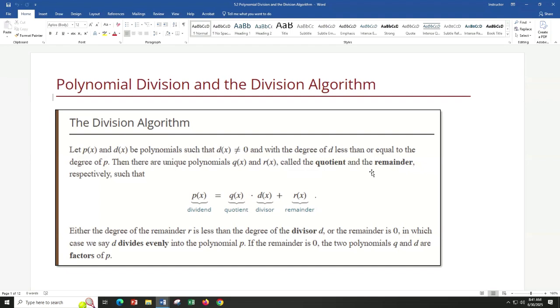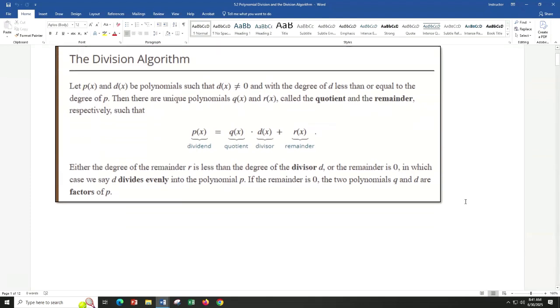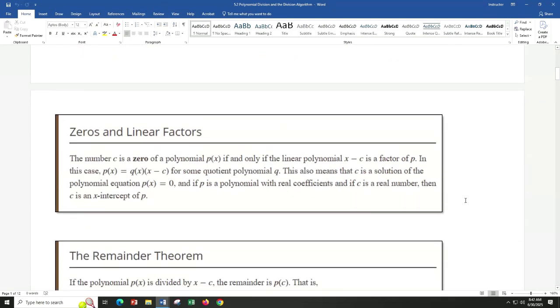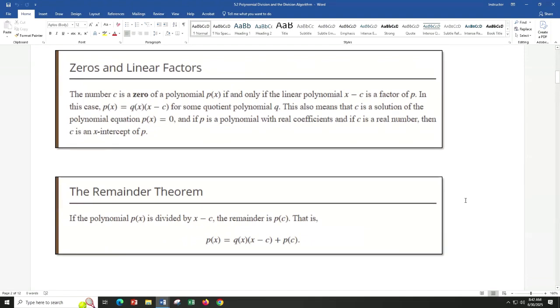So before we get there, let's look at the tools again. We've got this polynomial division algorithm. Remember, this is the one that looks like what we did with long division. So let's just come down here. You can read these theorems if you want.